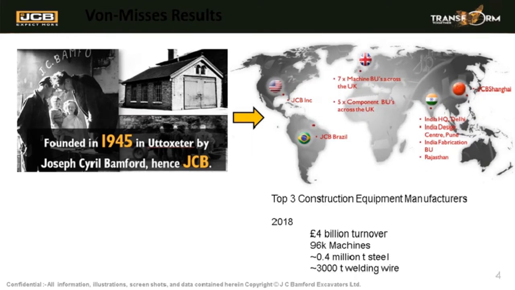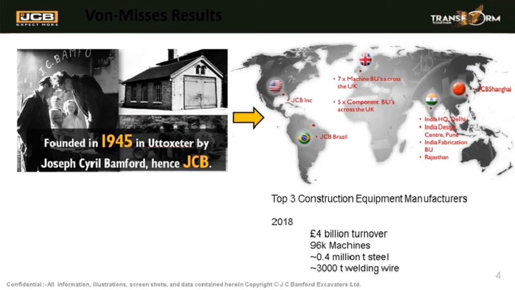75 years later, we are a global organisation and ranked in the top 3 construction equipment manufacturers. You can see the scale of the organisation in figures from 2018 here. The turnover, 4 billion, 96,000 machines produced. We use a lot of steel, 0.4 million tonnes of steel and 3,000 tonnes of welding wire.